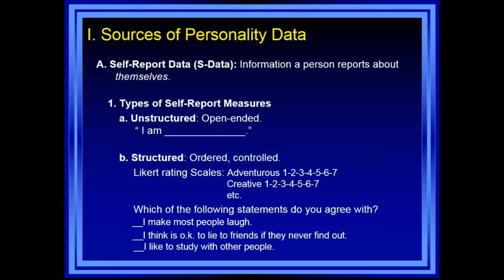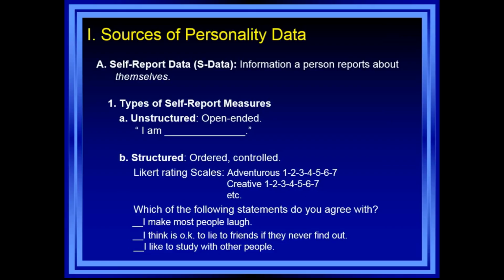Okay. The other example you saw is structured, which means ordered or controlled. That's simply doing things like choosing from a list of trait descriptive adjectives, putting a check mark next to each adjective, reading a list of statements, or filling out a Likert scale.